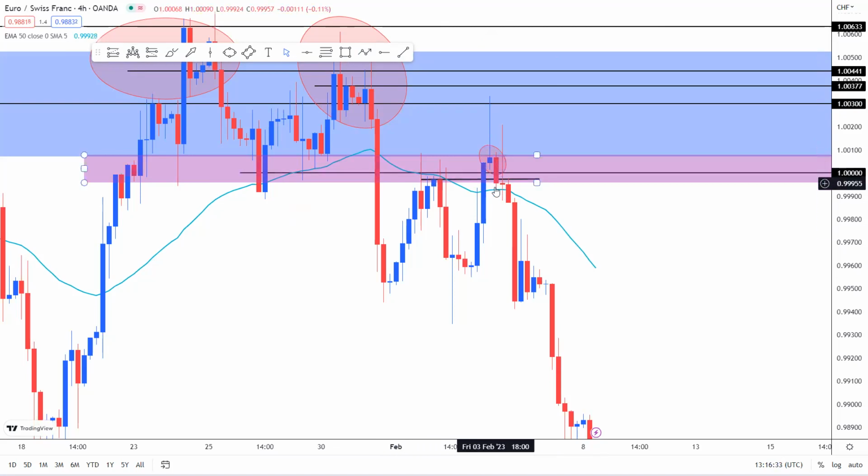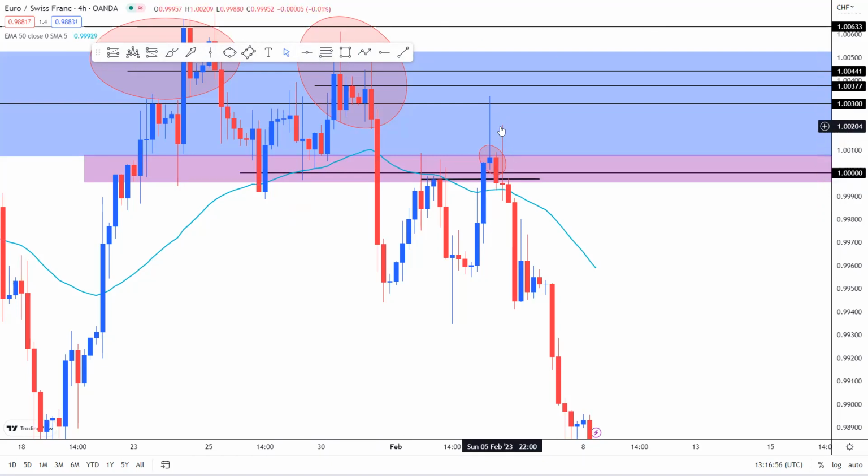And as soon as the next 4-hourly rejection candlestick closed right below the previous 4-hourly close, was where I had the confirmation entry for sell on this.